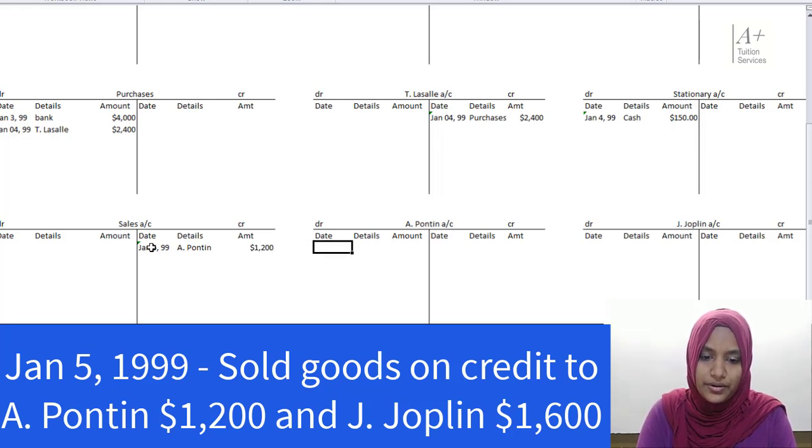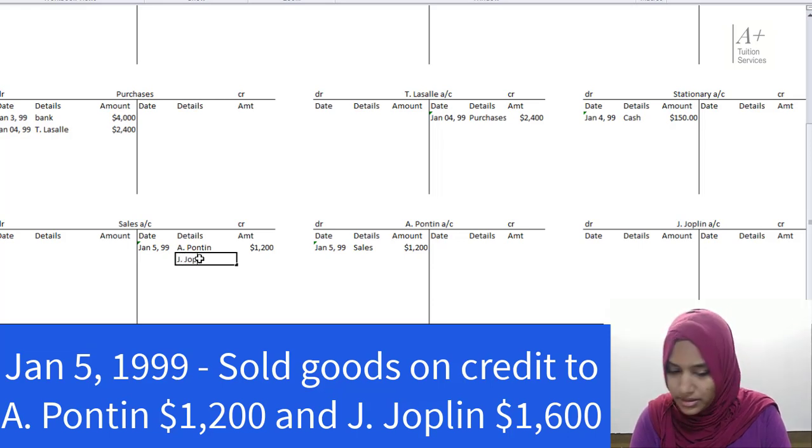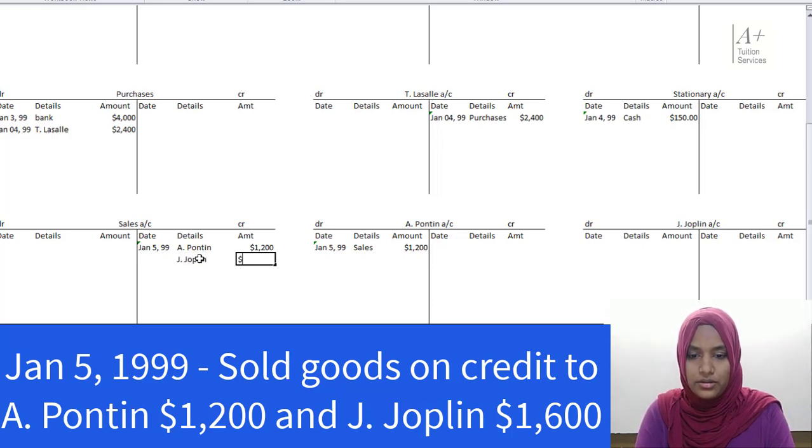So we're going January 5th, 99. We're going to have sales, and the amount for that will be $1,200. Okay, and we're doing the same thing for J. Joplin. Keeping the date, we're just saying J. Joplin, and the amount for him is $1,600, and I'm just going across to his account.